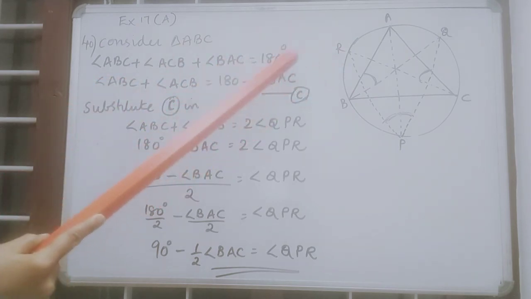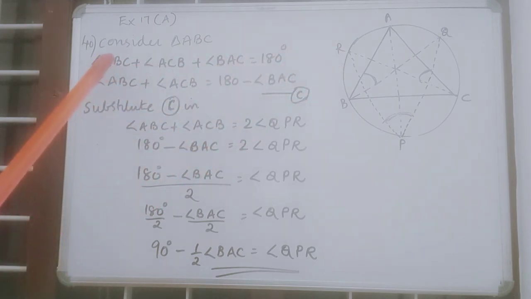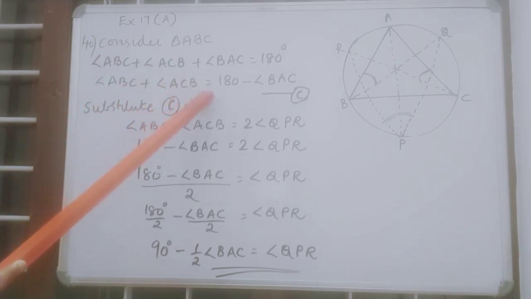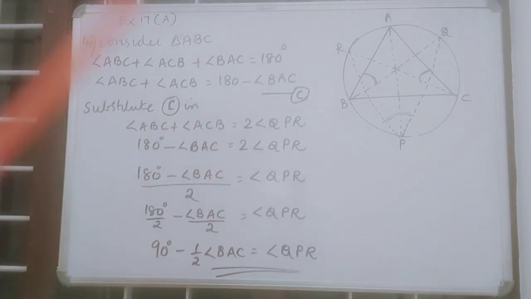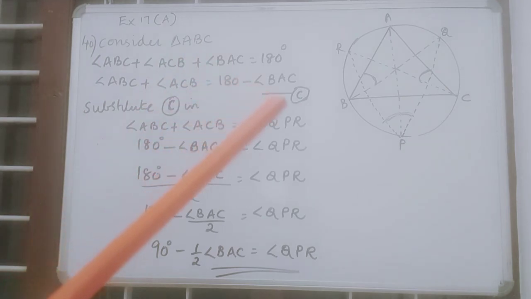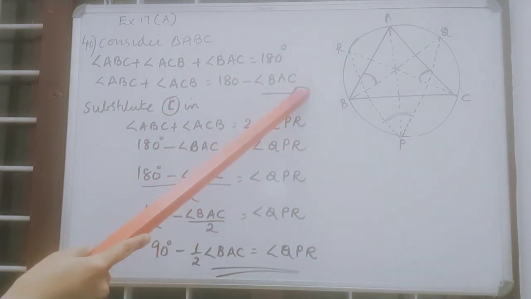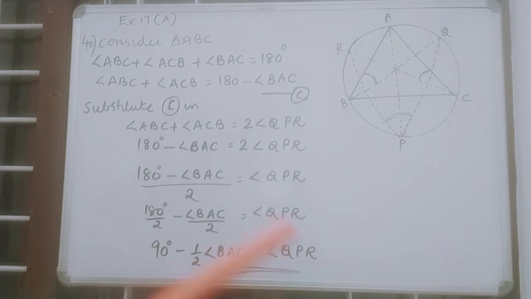So take BAC to the right side. So ABC plus ACB is equal to 180 minus angle BAC. We have already written capital letters A and B as equations, so for your convenience, I am writing this as equation number C.